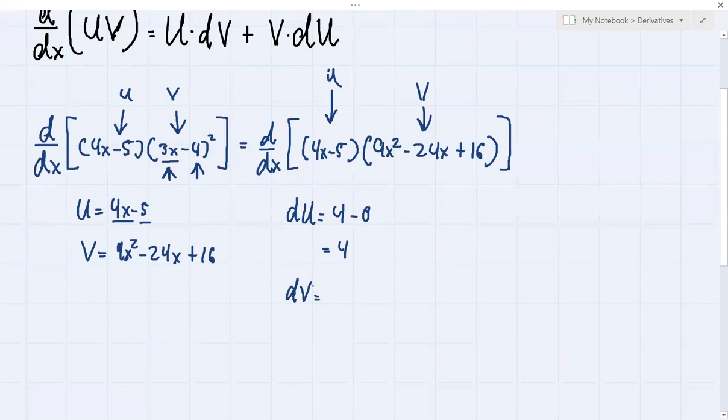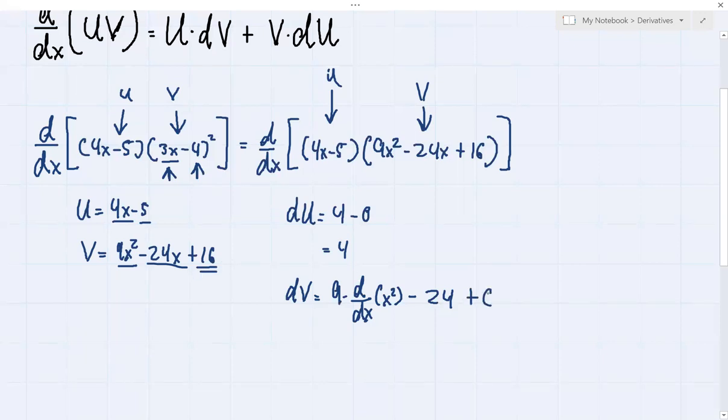Next, kunin natin yung derivative ng V. So anong derivative ng 9x squared? So we have a constant at an ano yun? Algebraic function. So magiging next, derivative ng negative 24x, ang sagot mo ay negative 24.